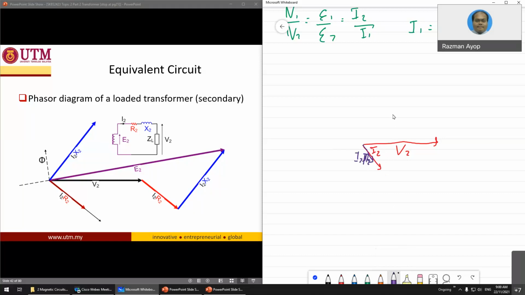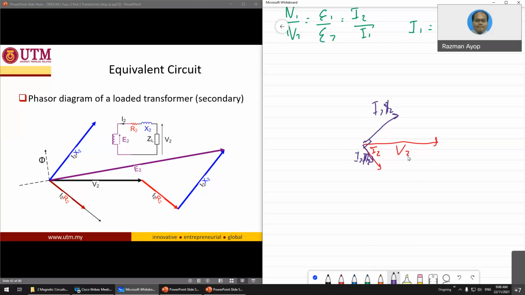And X2 is 90 degrees with the current. So this is I2 X2, which is the voltage at the reactance, and the voltage at the resistance.